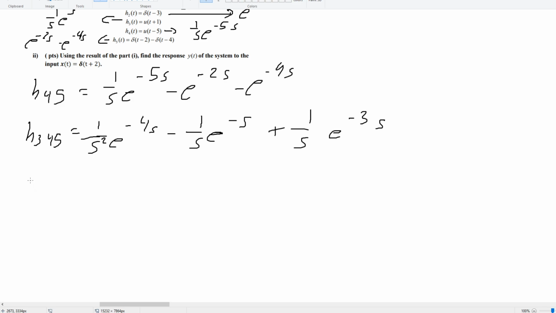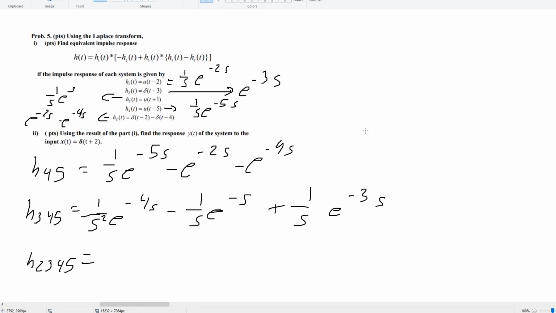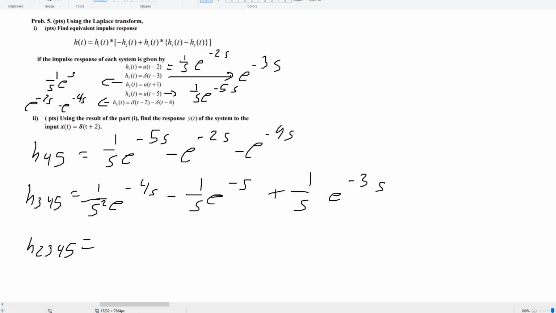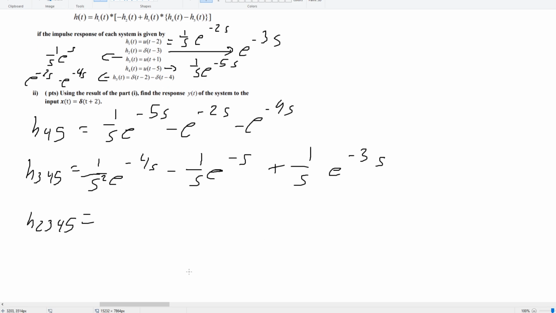Next one is going to be h2, 3, 4, 5, because that's the next step over here. You're going to do negative h2, or just remember to do this negative, and you're going to add it to h3, 4, 5, which is very, very simple. This is almost not even a step. E to the negative 3s, and then you just copy this stuff.